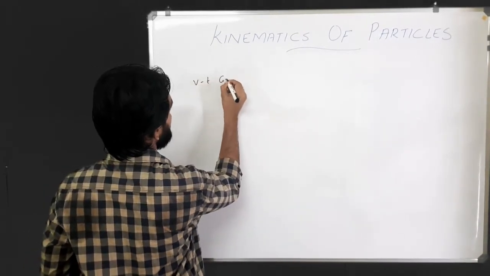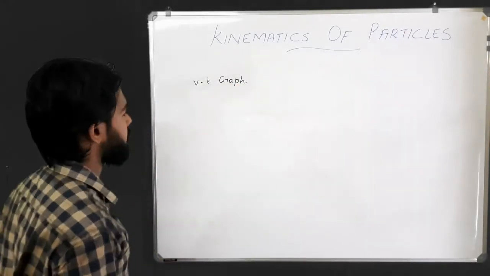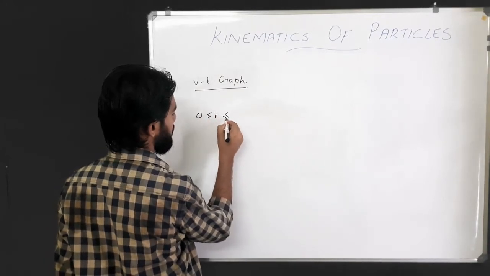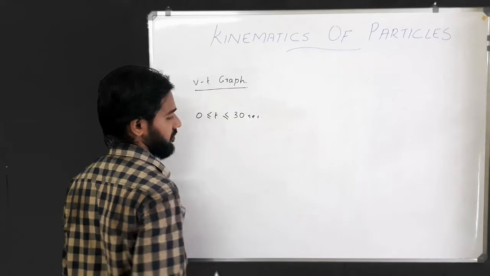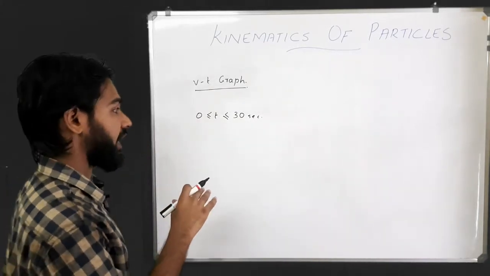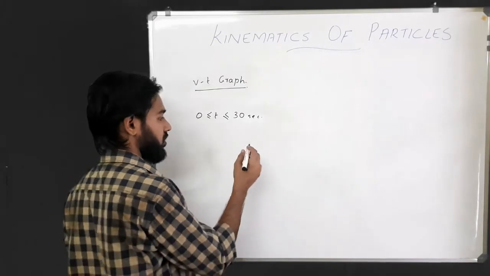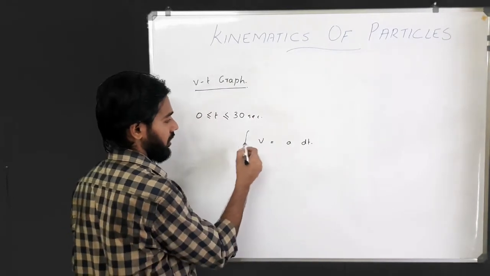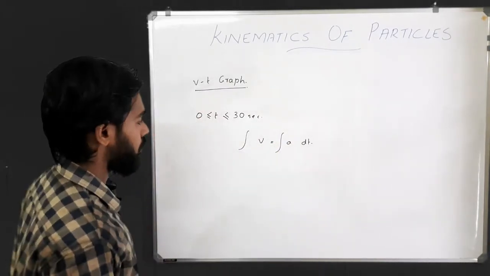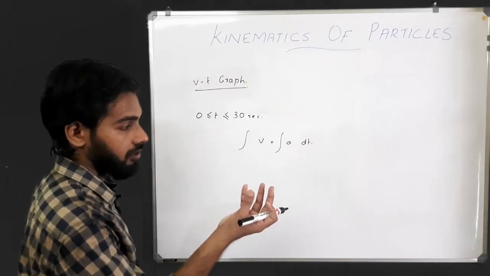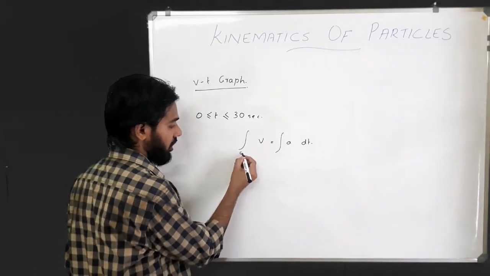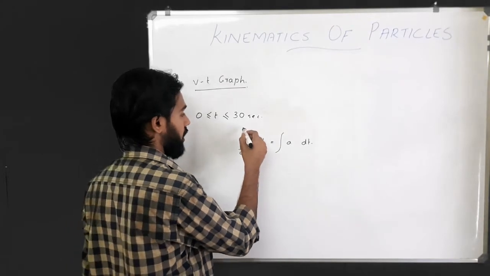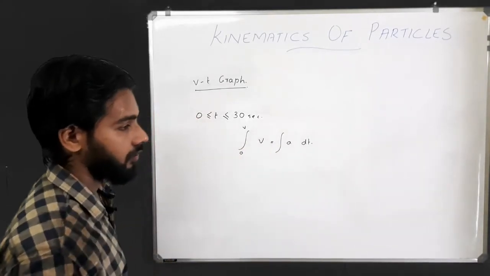Let us come to the first graph, the VT graph. During the first stage, between 0 and 30 seconds, I can use the equation v equals integral of a dt. Integrating both sides, initially the rocket fires, so the initial velocity is 0, and at the end of the first stage we don't know the velocity, so we write v.